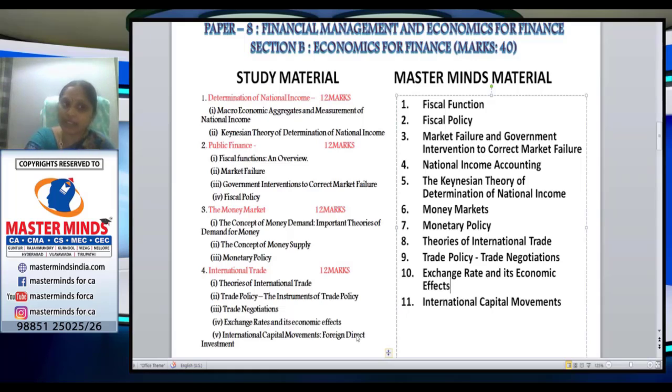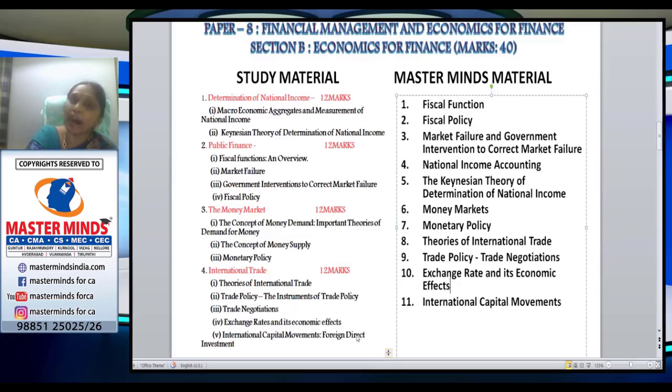The 4th unit of the 2nd chapter of the study material, fiscal policy, we placed as the 2nd chapter in the Masterminds material. So the first unit is placed as the 1st chapter, and fiscal policy as the 2nd chapter.